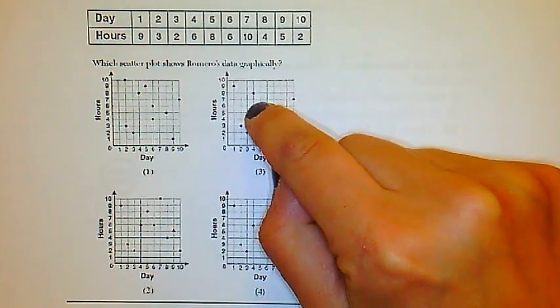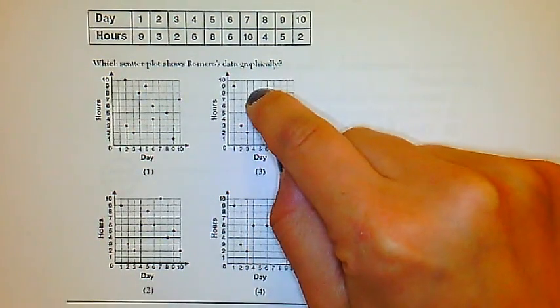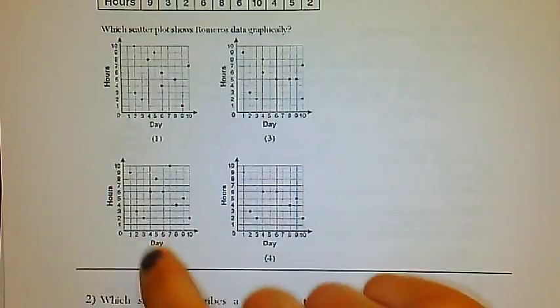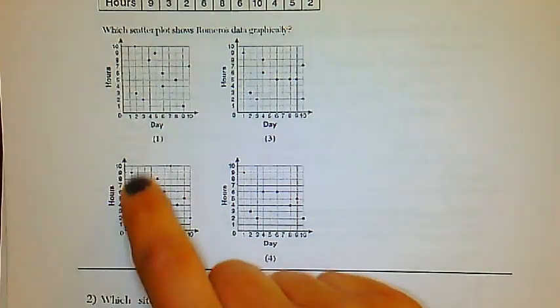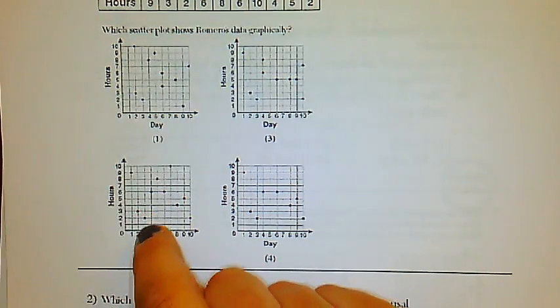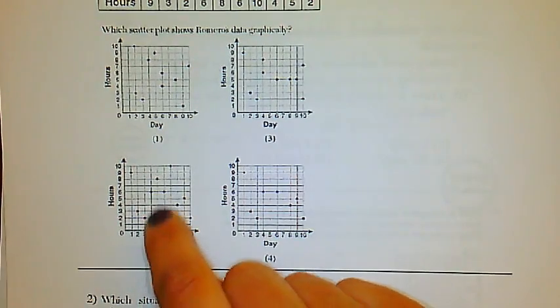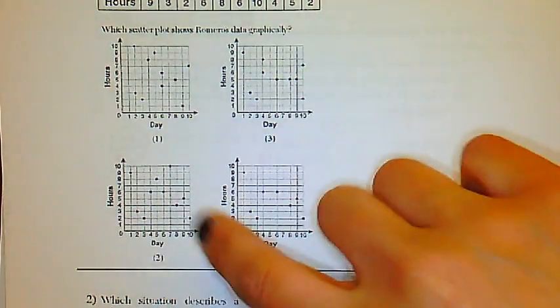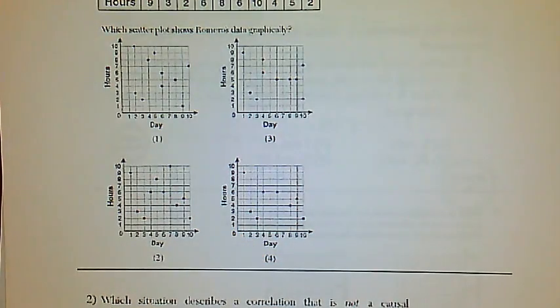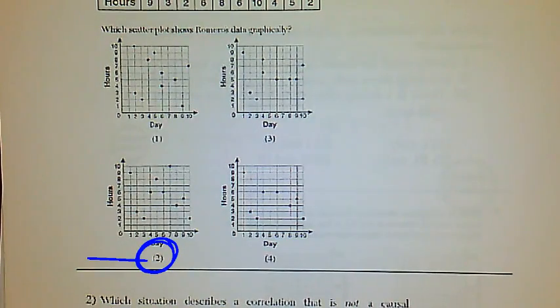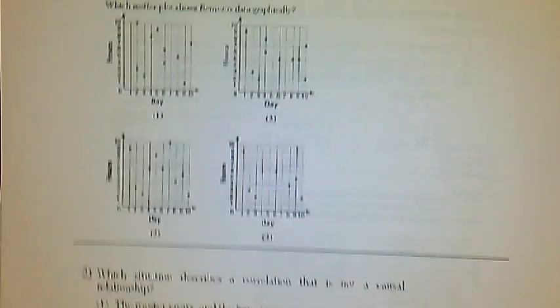Okay, 4 goes with 6, and 4 has a 9, so that one won't be it. So 1 goes with 9, 2 goes with 3, 3 days for 2 hours, 4, 6, 5, 6, 6. Okay, so if you look, number 2 is definitely the answer because all the data points match up. So again, that's all you're doing.